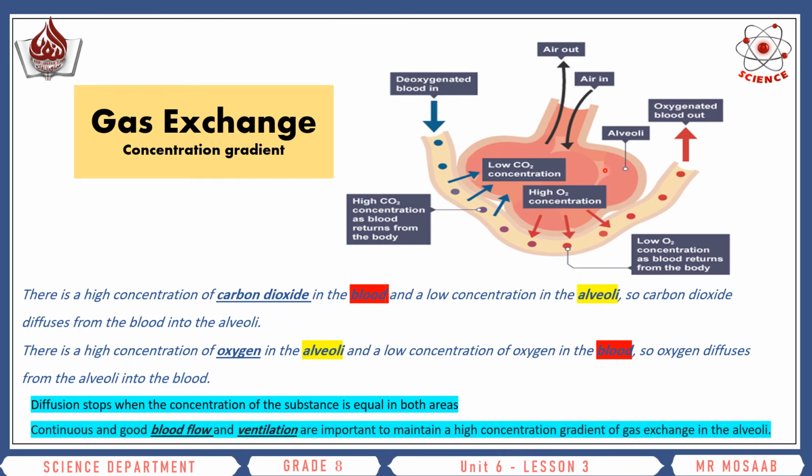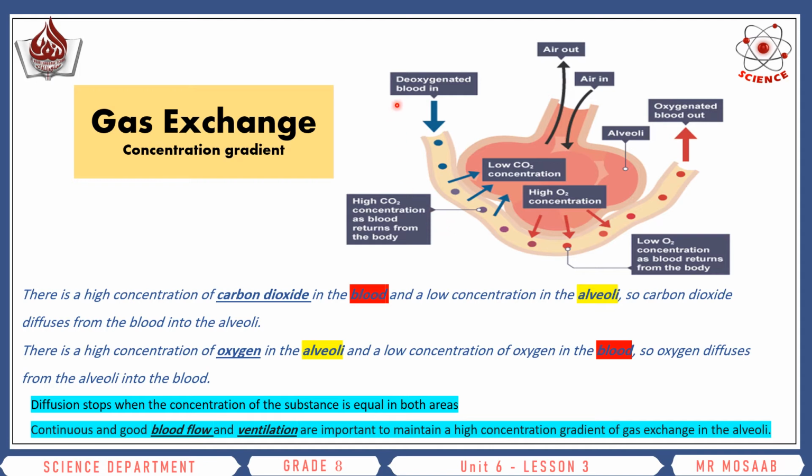If the concentration of the substance is equal in both areas, diffusion stops. If the concentration is equal, the diffusion will stop. So we need continuous and good blood flow. See, the blood flow should be continuous, non-stop. If the blood stops or becomes slower, it will be a problem.